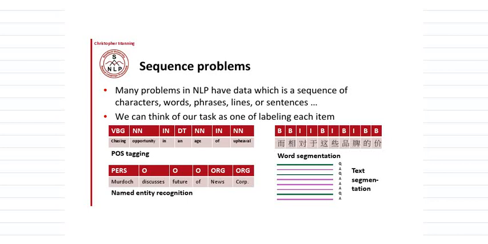So one class of problems or one class of algorithms is sequence classification algorithms. In sequence classification algorithms, we have the data in the form of sequences. Earlier, in general classification, we had the data in this tabular form.